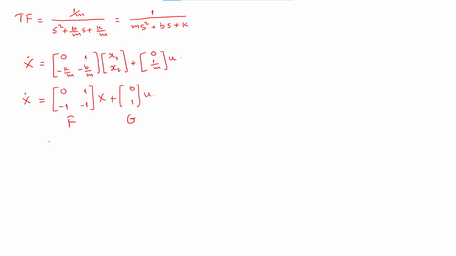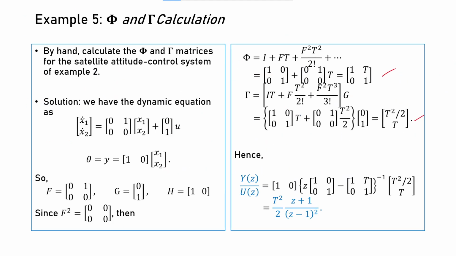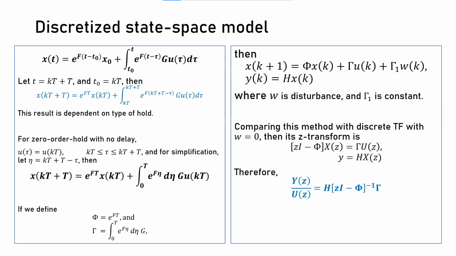We need to find phi and gamma, right? Actually phi and gamma have formulations like this. This is phi and this is gamma, but it's not easy, right? Because this is exponential, and if you expand the Taylor series, you need to do a lot of multiplication.